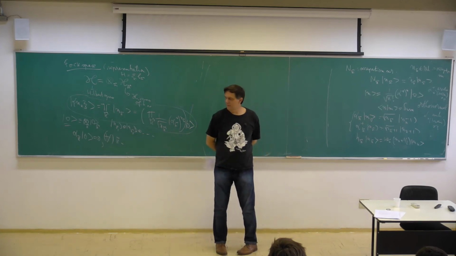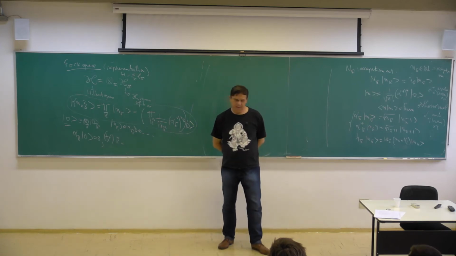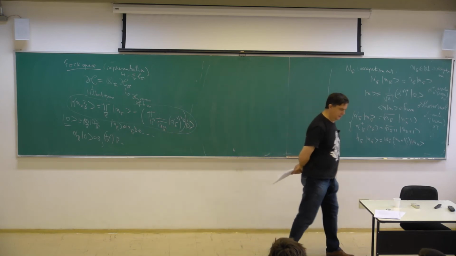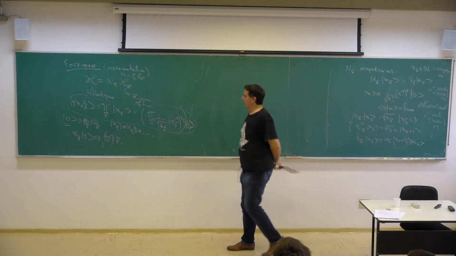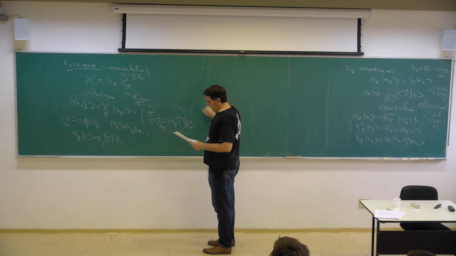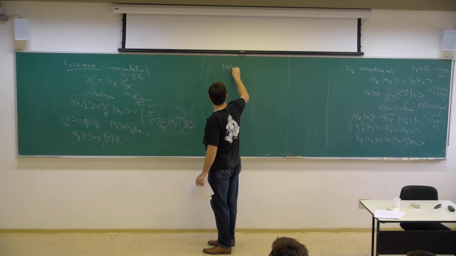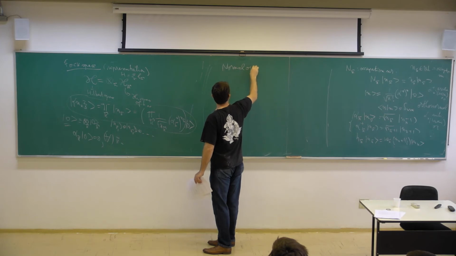Well, now I want to make the same observation that I already made before, but there was a kind of preview. So I want to define the so-called normal ordering.